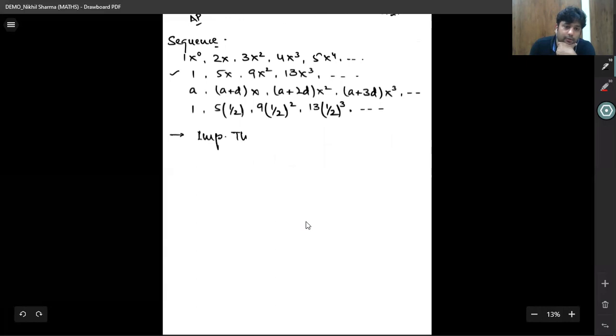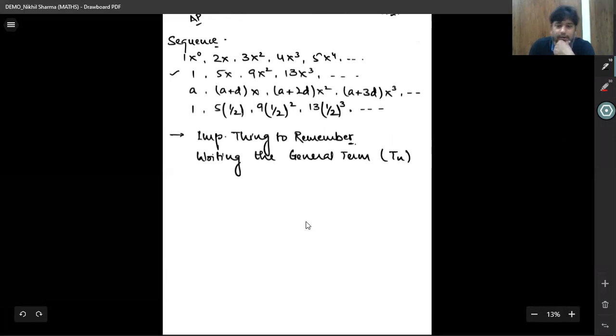The important thing to remember is writing the general term, that is your Tn. Okay. So if I take up this first example, the general term for this would be, let me denote it by Tn.